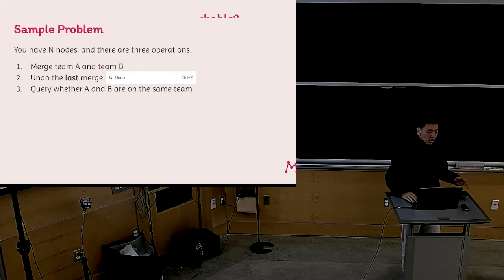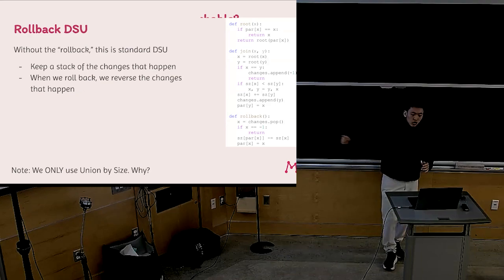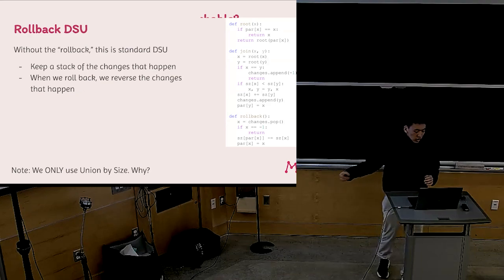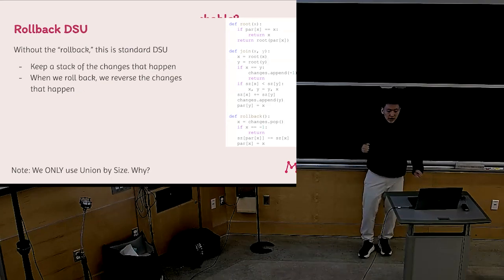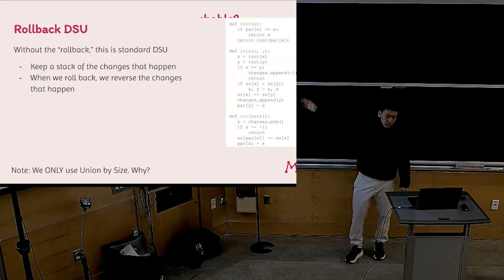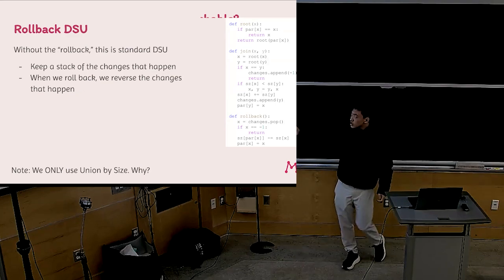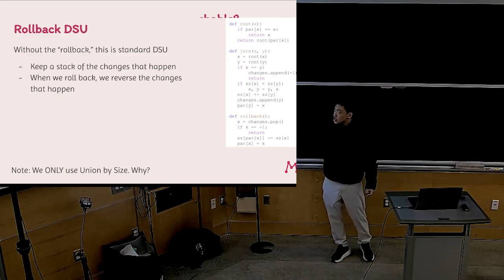The idea is that we want to keep a stack of all the changes that end up happening. In the code on the right, we have the standard merge by size DSU, where you have the root function, and in the join function we merge the smaller one into the larger one.